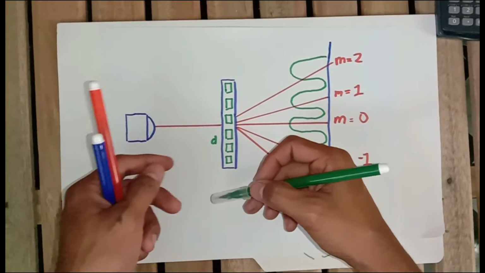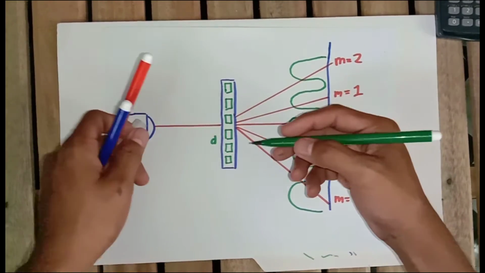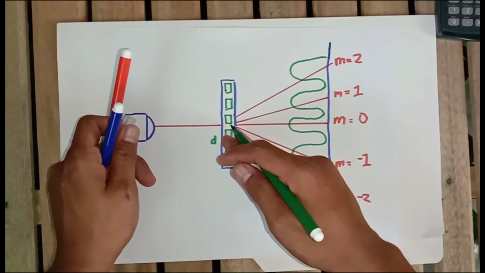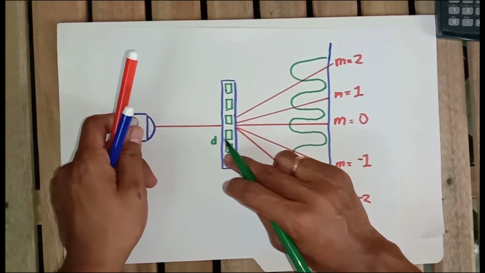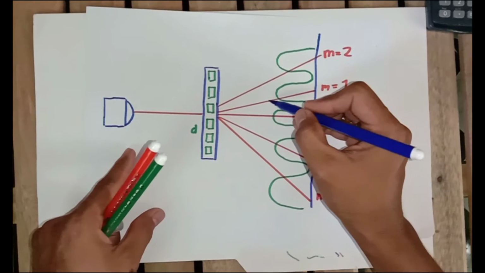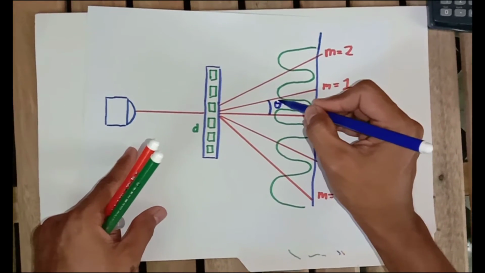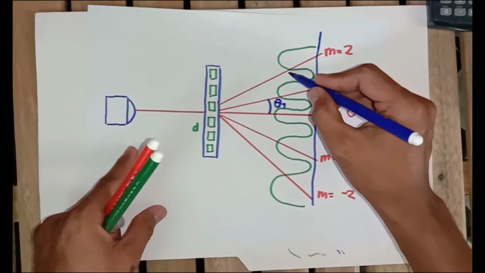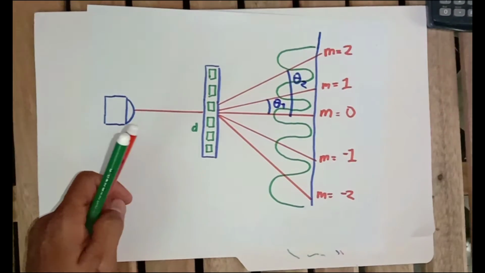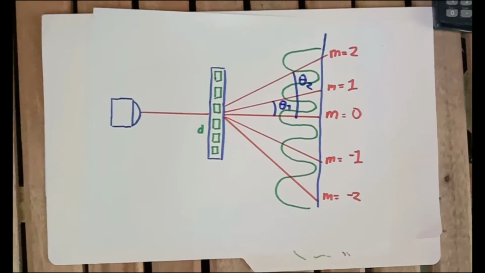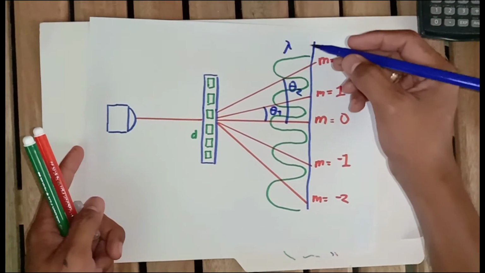d here is the grating constant, or the distance between each slit, and it is equally placed or equally divided. And we have here the angle of incidence of light, which is our theta 1 and theta 2, and our wavelength lambda.